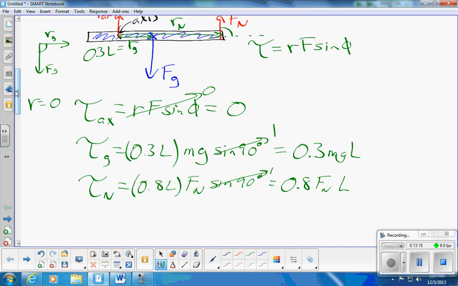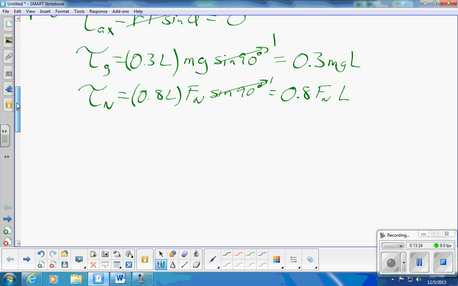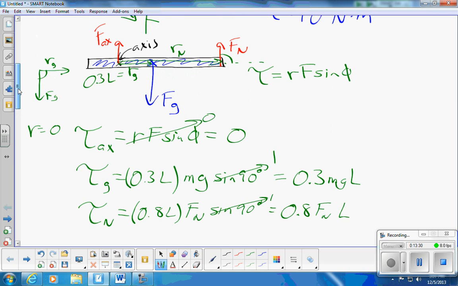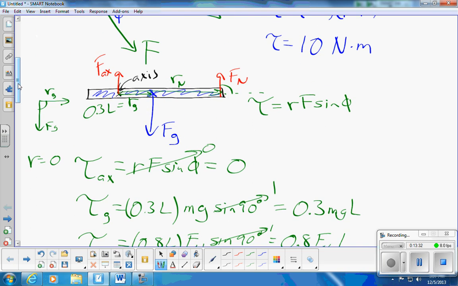That is, we look at the page we're drawing on and say, is the torque clockwise or counterclockwise? What I mean by that is this: would this torque, acting by itself, tend to make this stick rotate clockwise or counterclockwise?